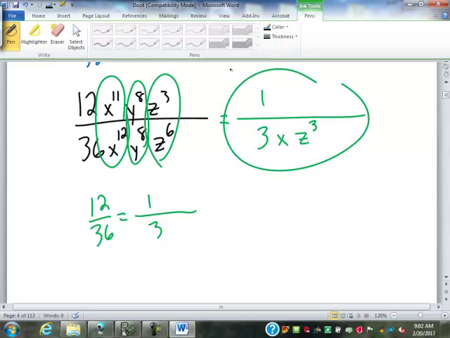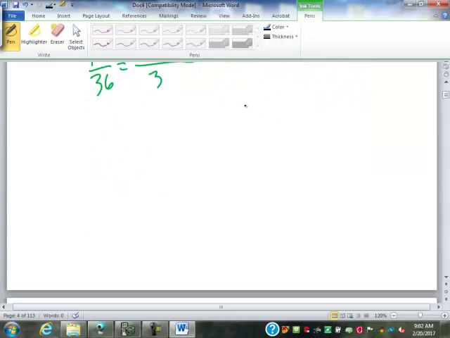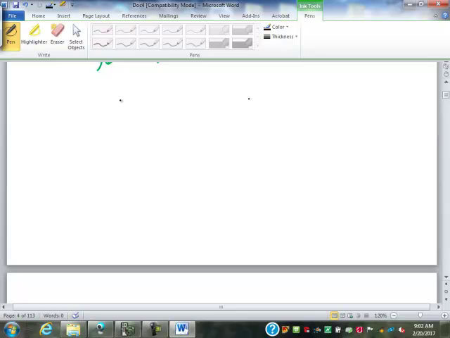But there are times when we don't need it up there. We might have something like 9x to the 8th, y to the 13th over 45, x to the 10th, y to the 10th.